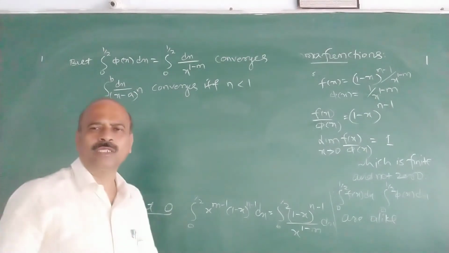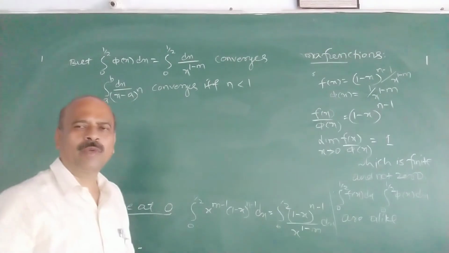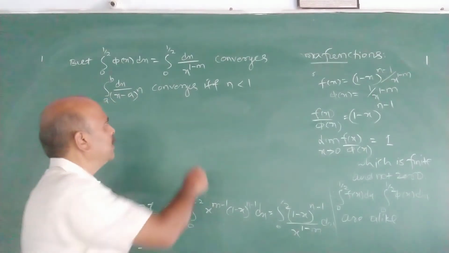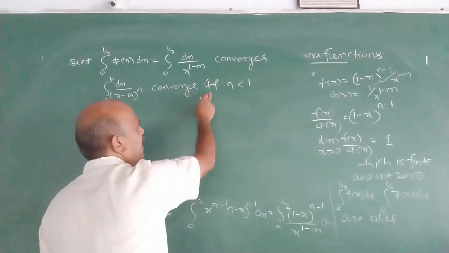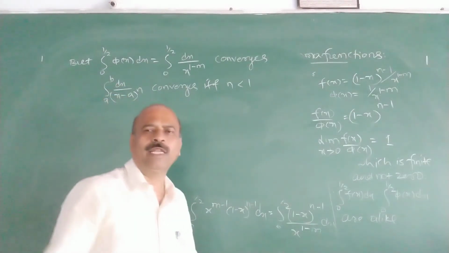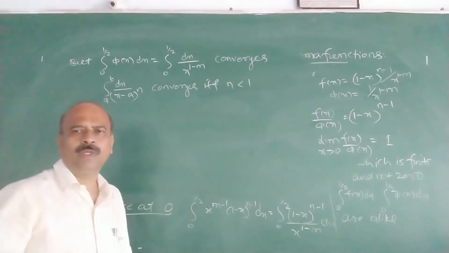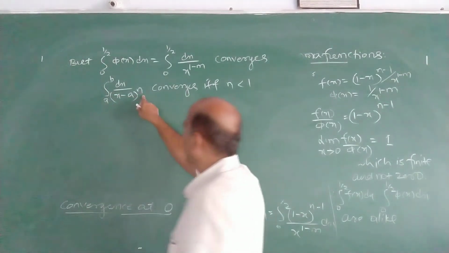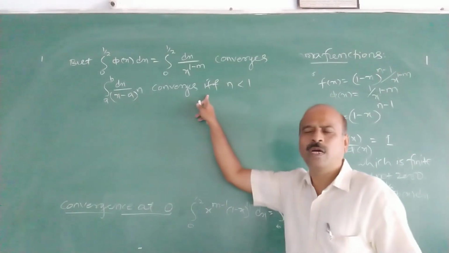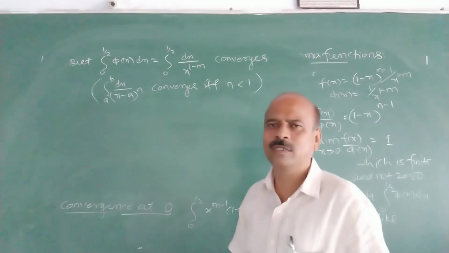You have to remember all these things, then only you can apply them. In improper integrals of the second kind, this is the test. In improper integrals of the first kind, when the range is infinite, we have a similar integral for comparison. N less than 1, it converges.